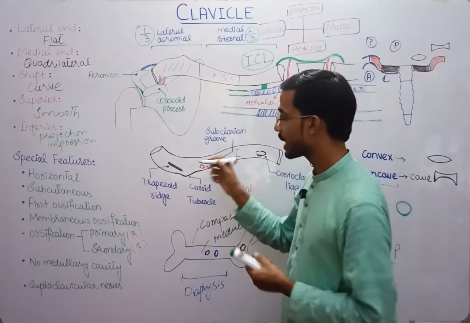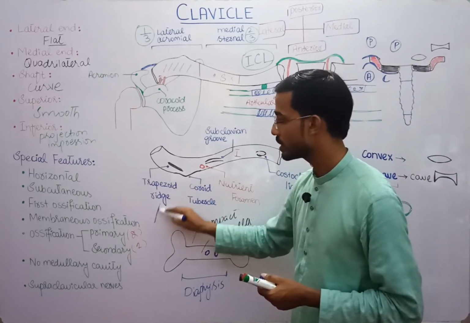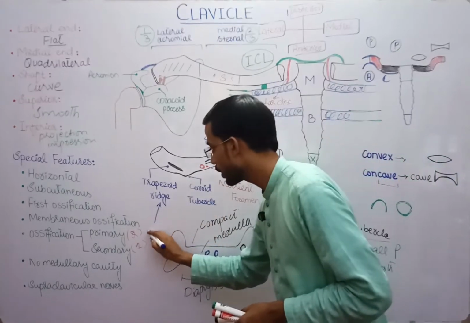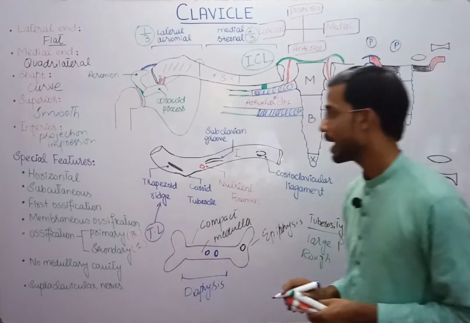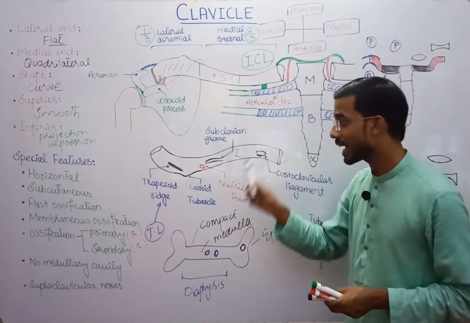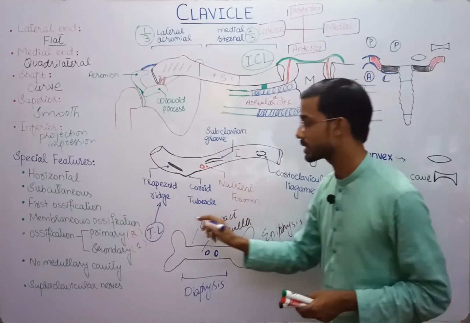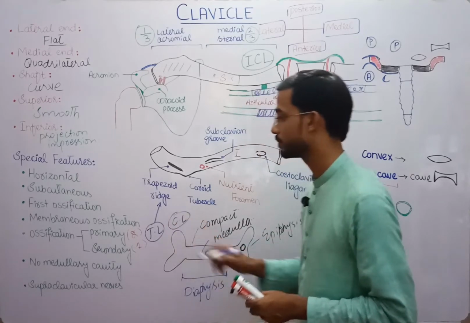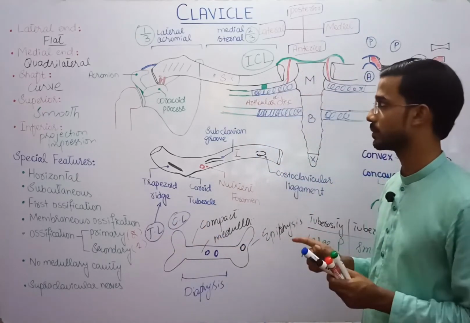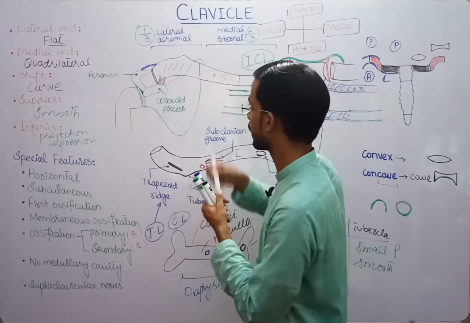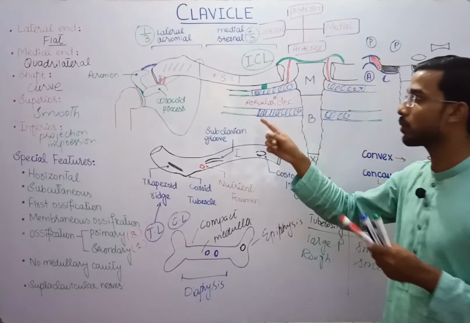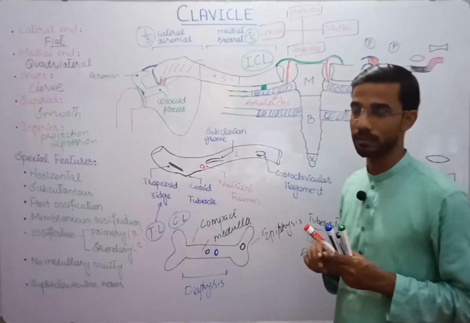The ligament which attaches to the trapezoid ridge is called the trapezoid ligament, and the ligament which attaches to the coracoid tubercle is called the conoid ligament. Two ligaments.